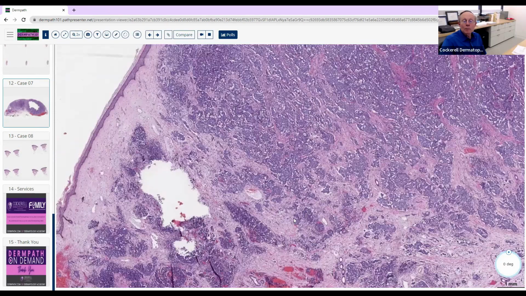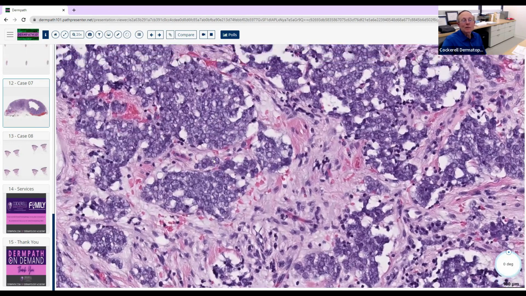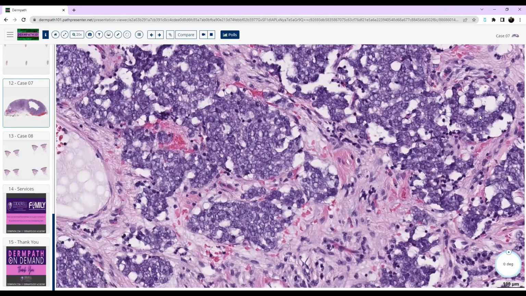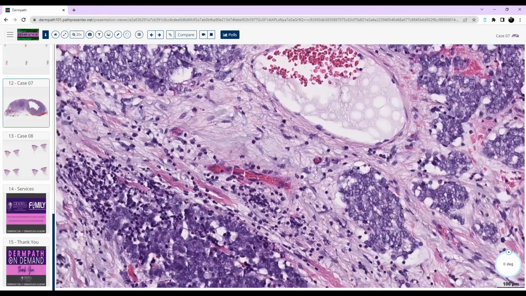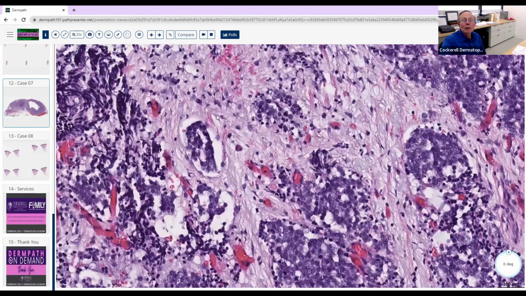We'll look over some of these other areas, and I think we can see this really looks more like the smudgy, indistinct chromatin that we might see with a neuroendocrine carcinoma. Good. And here's actually what phenomenon are we looking at here? Not sure.